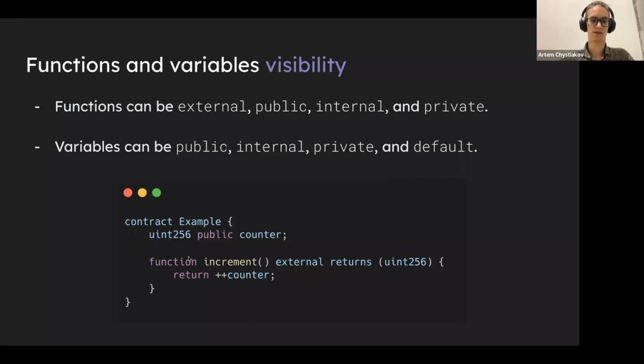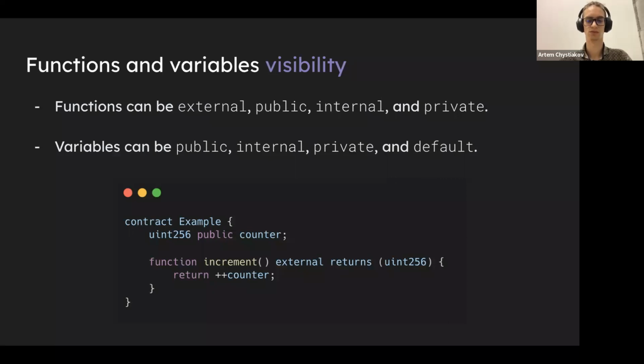And here is the function named increment. It is declared as external, and it returns something. Here it just increments the counter and returns the next counter value out of the function. External functions are the ones that can be called only from the outside.